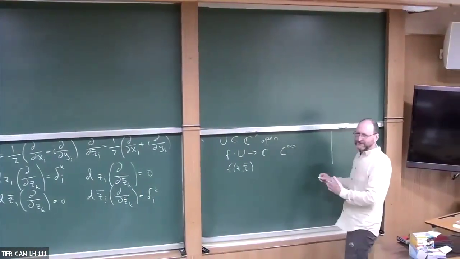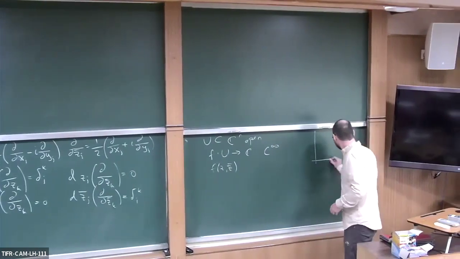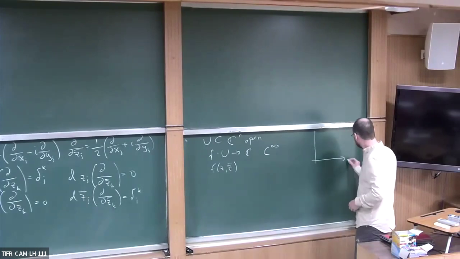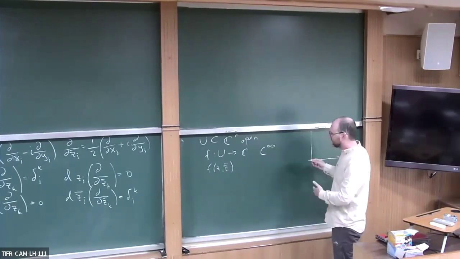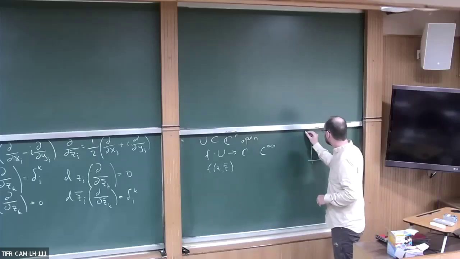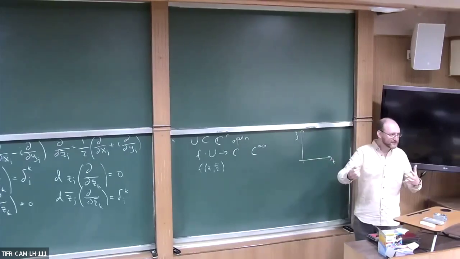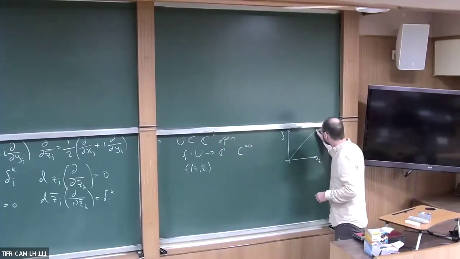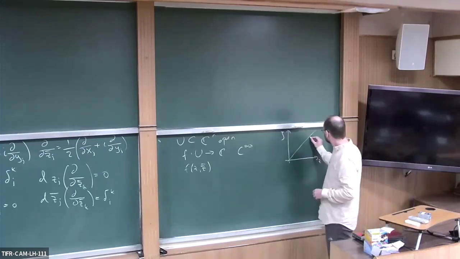So this is kind of a fake picture because I can't draw four real dimensions. But if I have C here, and maybe some other, even if n equals 1, it's four real dimensions, and some zeta here, right? These are complex values. I can think of this sort of diagonal, which is where zeta is z bar.